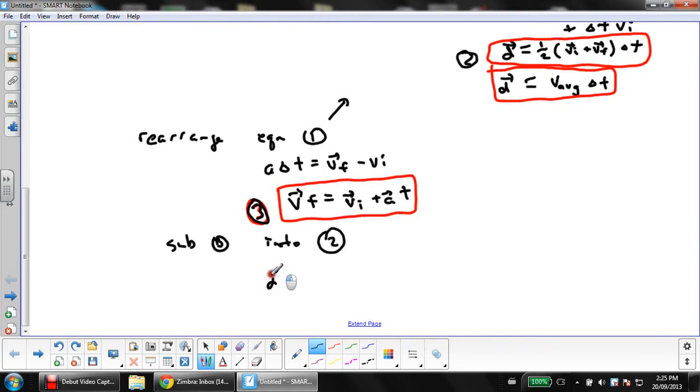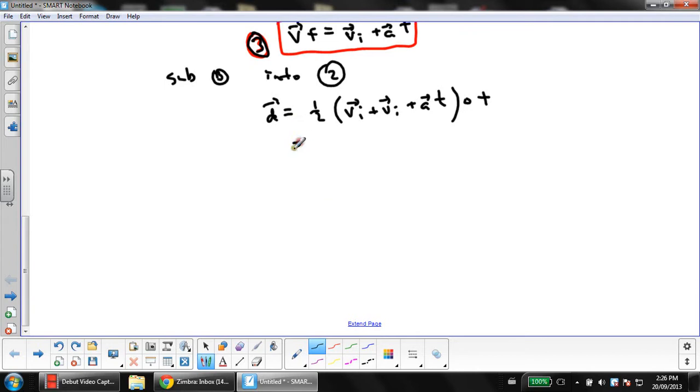I'm going to get D equals 1/2 bracket VI plus VF, no, not VF, VI plus AT, times delta T. If I do some simplifying and collecting like terms, I will get that D equals VIT plus 1/2 AT squared.